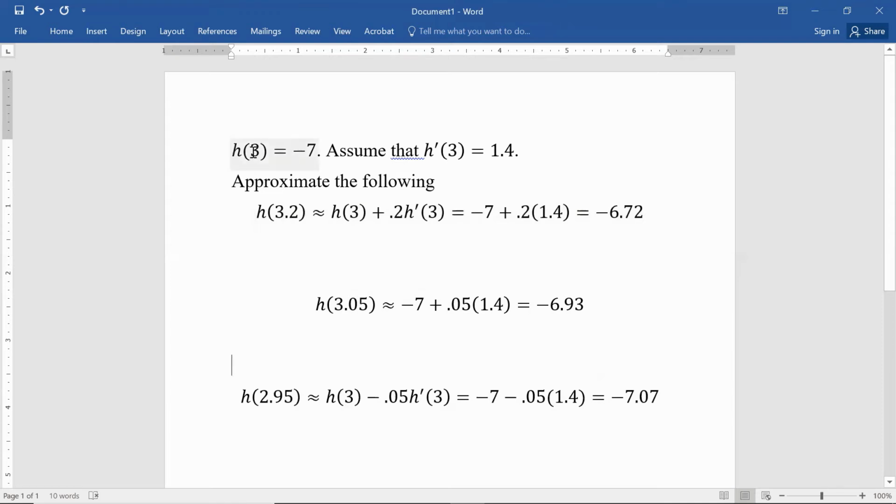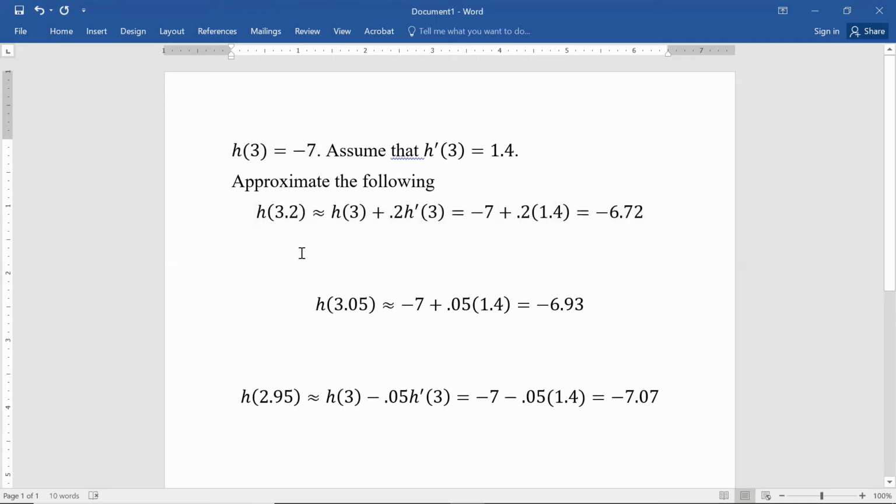So in this case, 3.2 would probably give me a good approximation, but 3.05 would be an even better approximation because it's closer to 3. So that's one thing it's going to depend on, how close you are to the value.